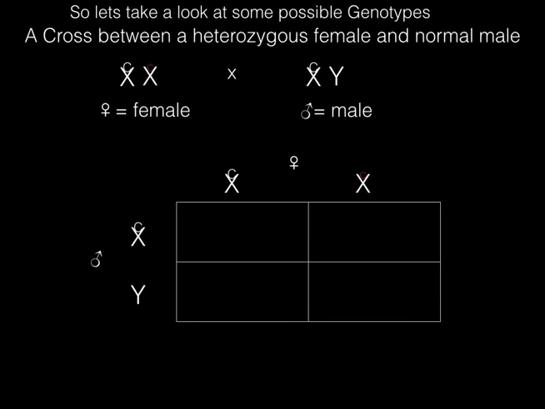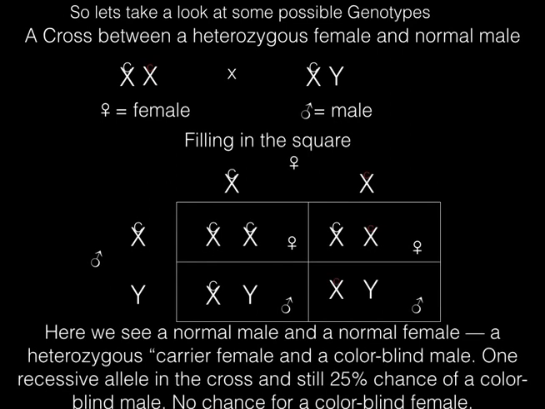Another possibility is a heterozygote female and a normal male. So we have a carrier female, big C, little c, and a normal male, big C and the Y. Putting those on the Punnett square and then filling them in, in the top left we get a normal homozygous dominant female. Top right, we get a heterozygous carrier female, just like the mother was.